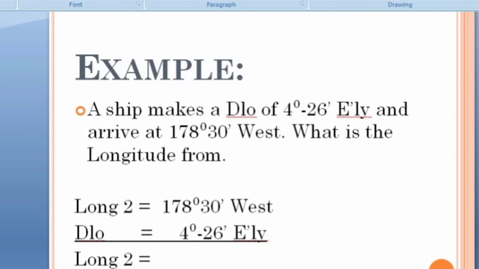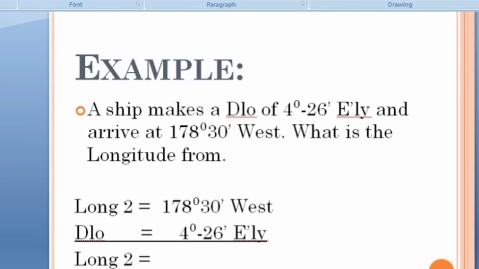So we have the longitude of arrival, which is 178 degrees 30 minutes west, and we have the difference of longitude, which is easterly direction, 4 degrees 26 minutes.